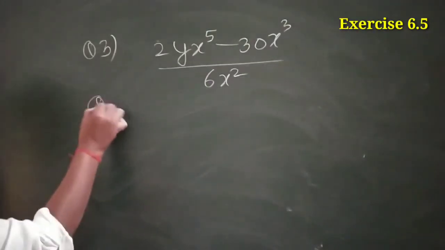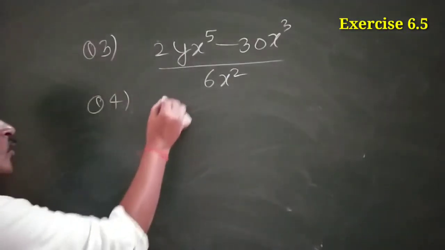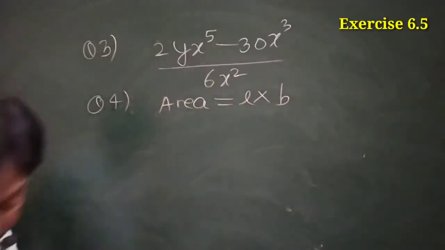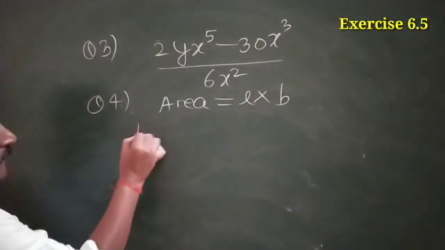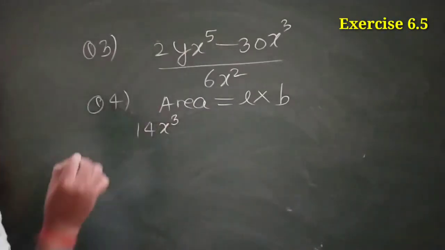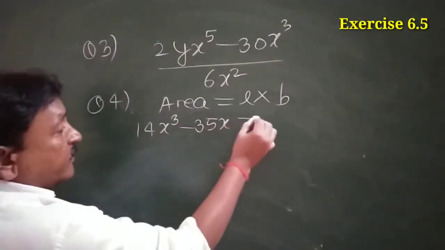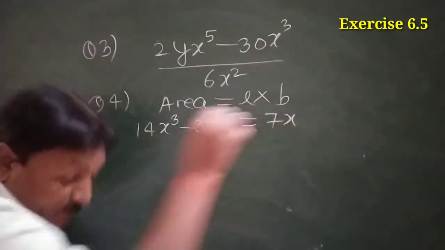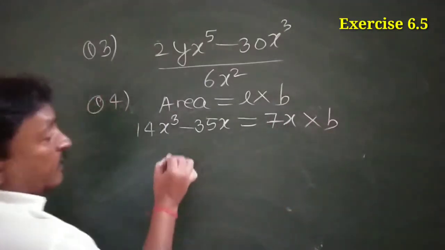If you see question number 4, it is saying if the area of a rectangular field is this much. We all know the area of a rectangle is L into B. Okay, area is given to us. Area is 14x cube minus 35x, equal to, length is given to us, it is 7x meter, and we have to find out the breadth.